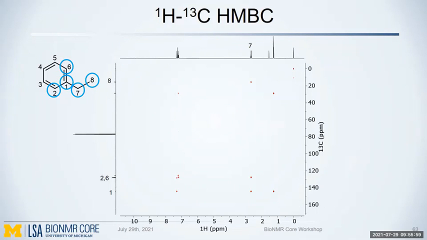As you see here, this is the HMBC spectrum for ethylbenzene, and we can take 7 as an example. 7 is a proton. It's coupled to carbon 8 and carbons 2 and 6, and also carbon 1. So this shows you more correlation information.